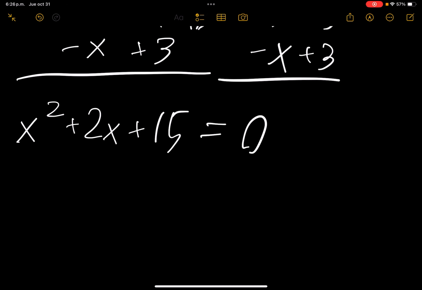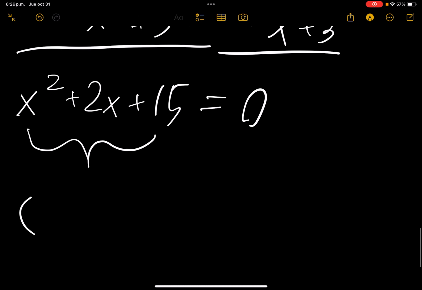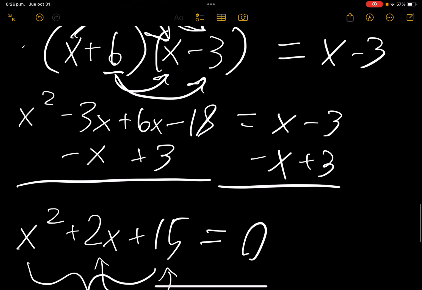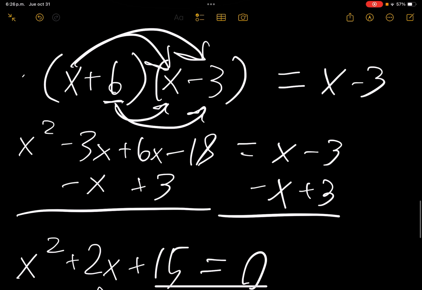Now we have talked about factoring a quadratic. You look at this, you put x's on the left side, and we go, all right, what two numbers, when you multiply them, get you 15, and then when you add them, get you 2. Did I make a mistake somewhere? This might be hard.